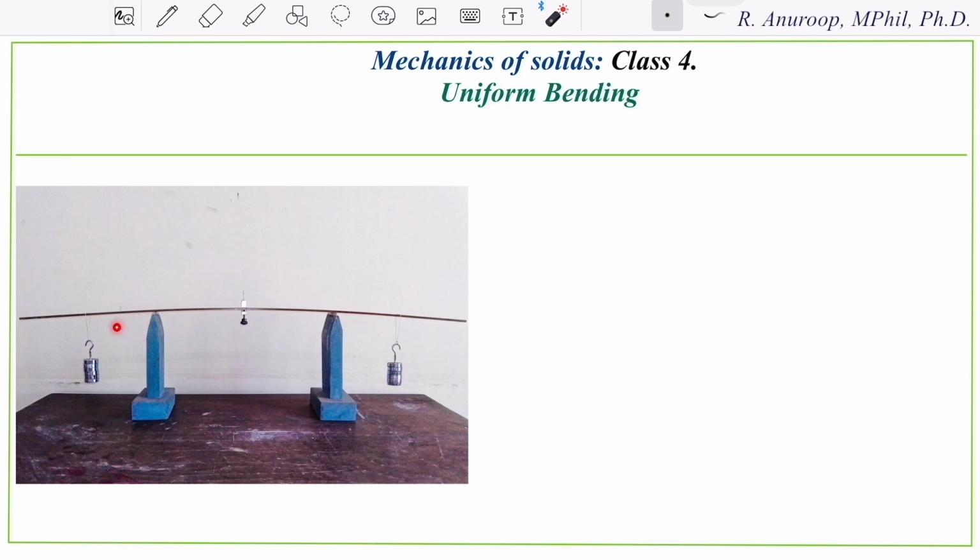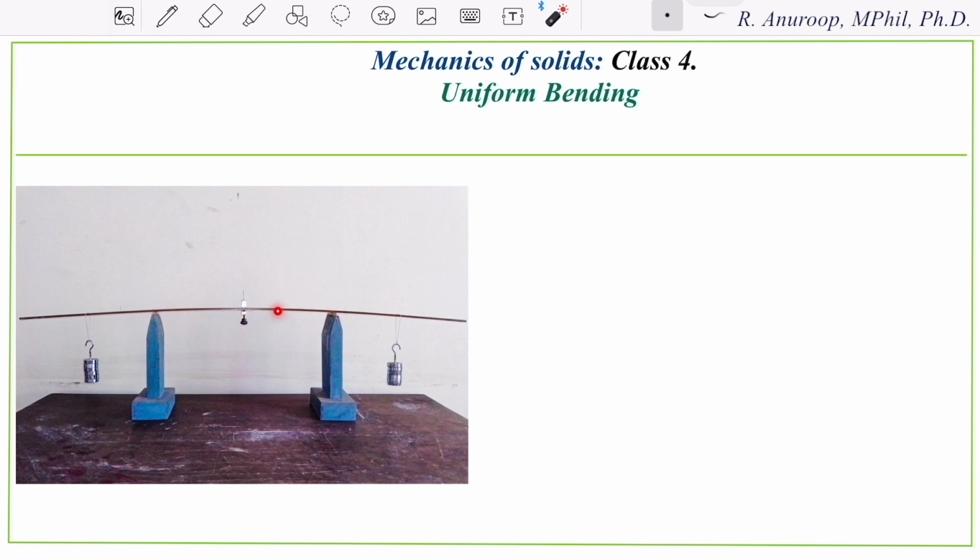That is, the beam is loaded equally at equal distances from the knife edge as shown in the figure, and as a result the beam will bend and the bent beam forms an arc of a circle.